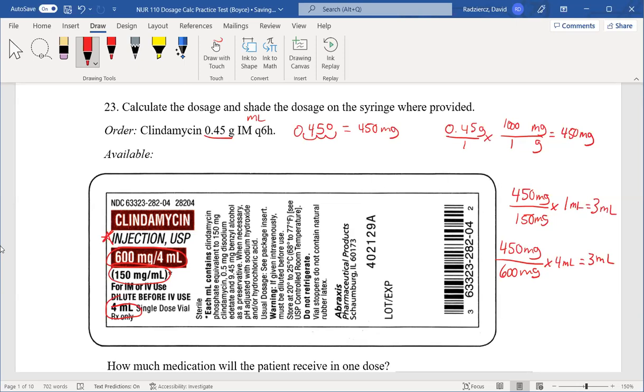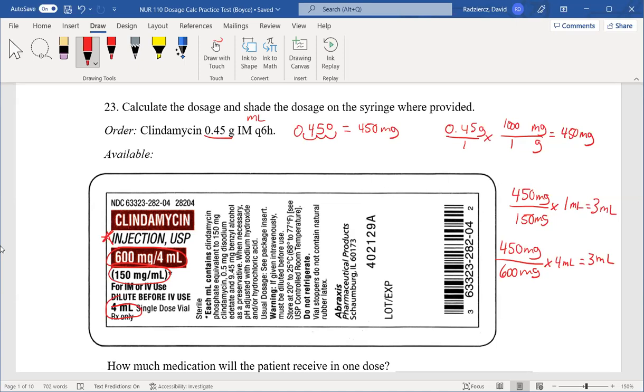I chose the 150 because I always like to use the lowest number, but that's just a personal preference. And sometimes they don't even give you both options. So if you didn't want to do the long way, you could just divide by 150. You got it.